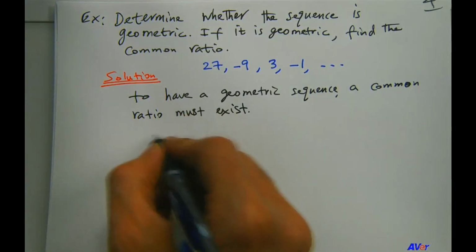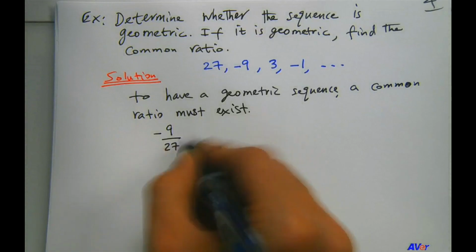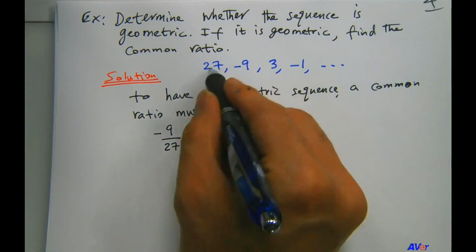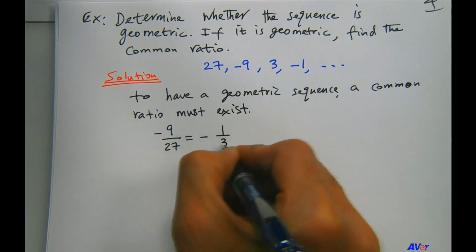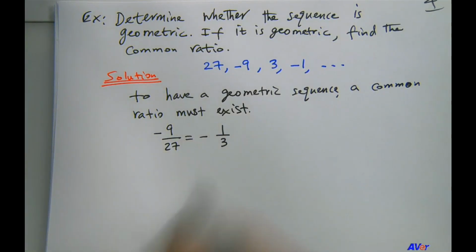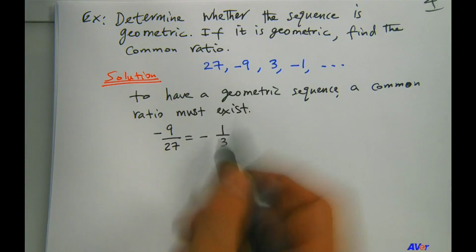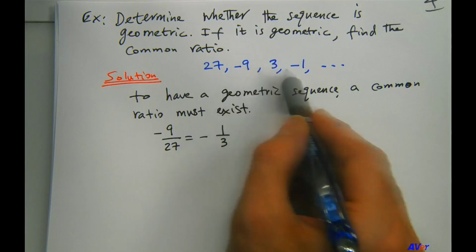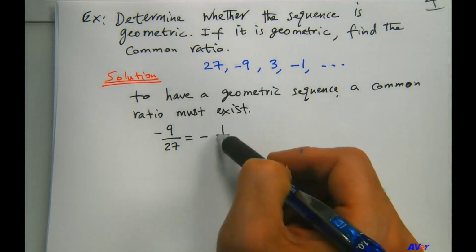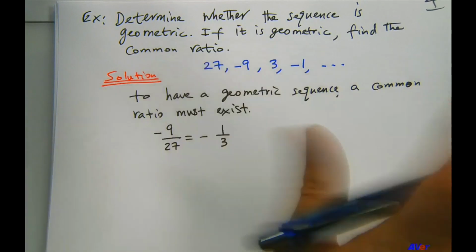So -9 divided by 27, right? This divided by the number previous to it, we can simplify that to -1/3. Okay, so far this doesn't give us any information unless we find the next couple of ratios that are equal to it, then we know that we have a geometric sequence. So far we know nothing.